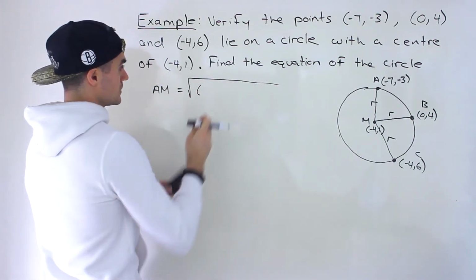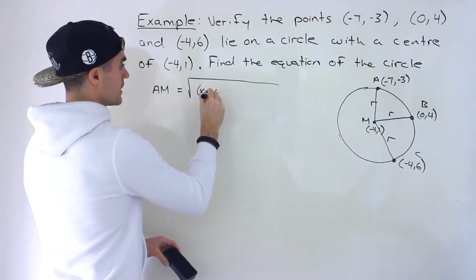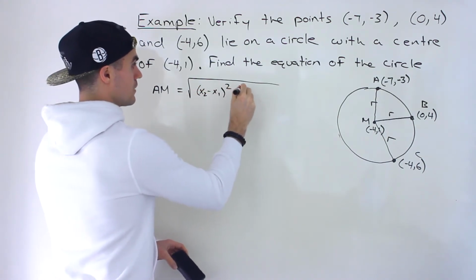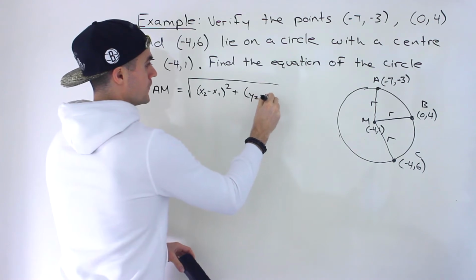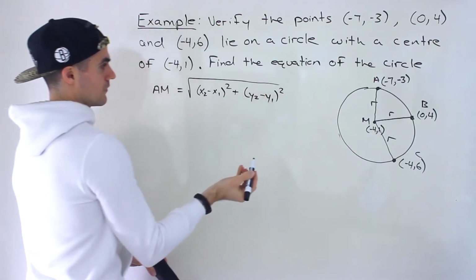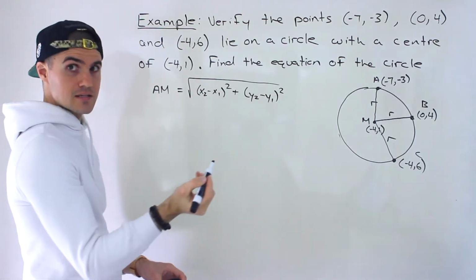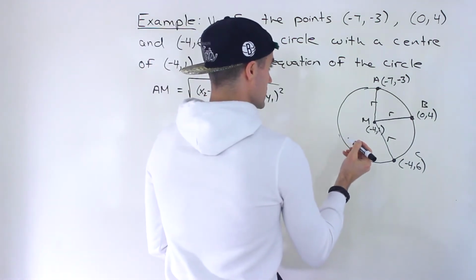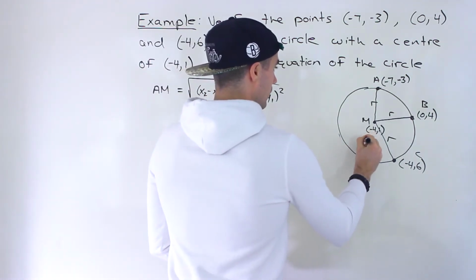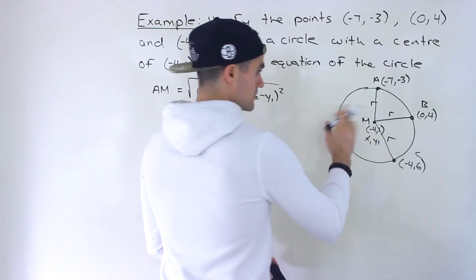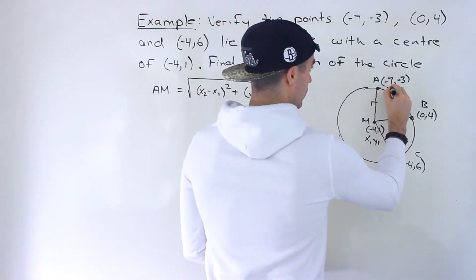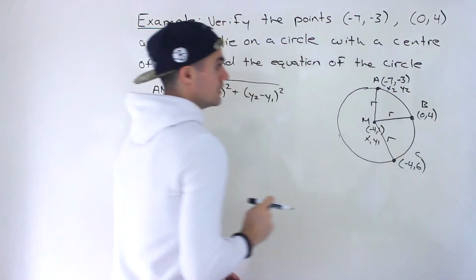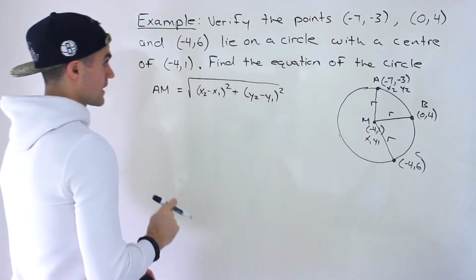It doesn't matter if you put the x's or y's first. I'll put the x's since we usually do that. That's the formula for the length between 2 points. So what I'll do is the M I'll keep as x1, y1. It's going to be the same for all of them. And then for this first calculation, let's label A as x2, y2.